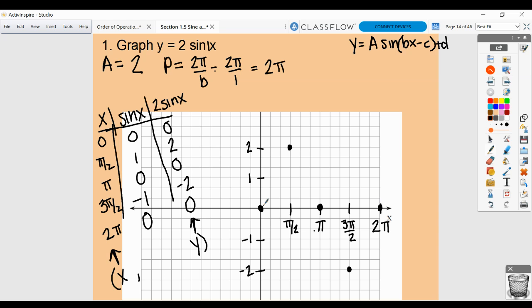And if you compare, it looks exactly the same as the original sine function, except the amplitude is now 2. A sine graph should always look like a wave. And depending on what the amplitude is, it's going to go higher or lower. But I think making a t-chart would be the best case scenario.